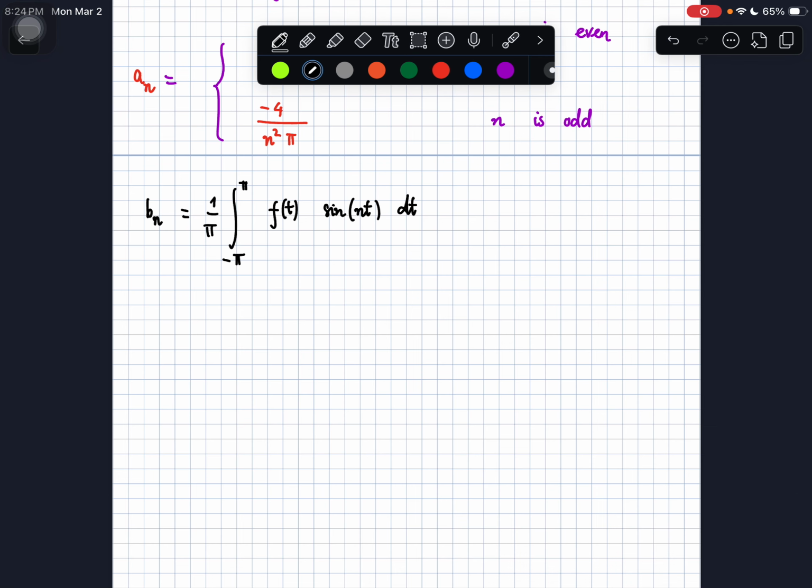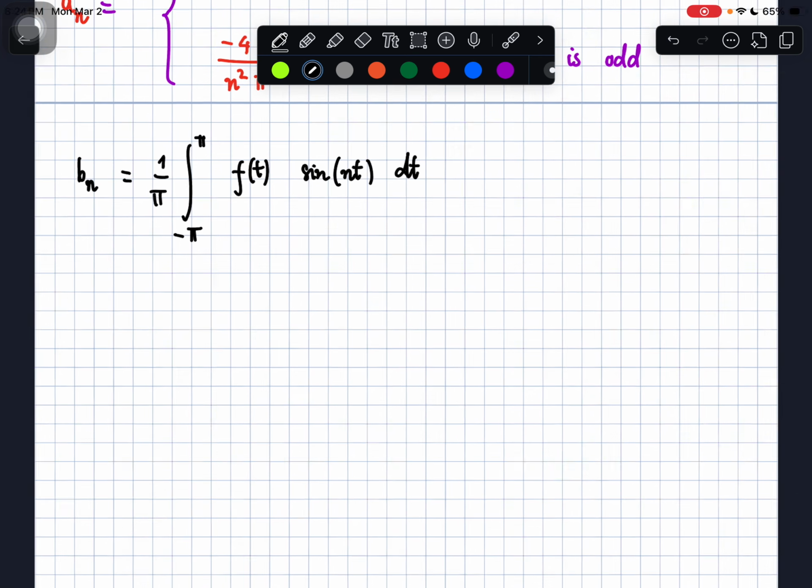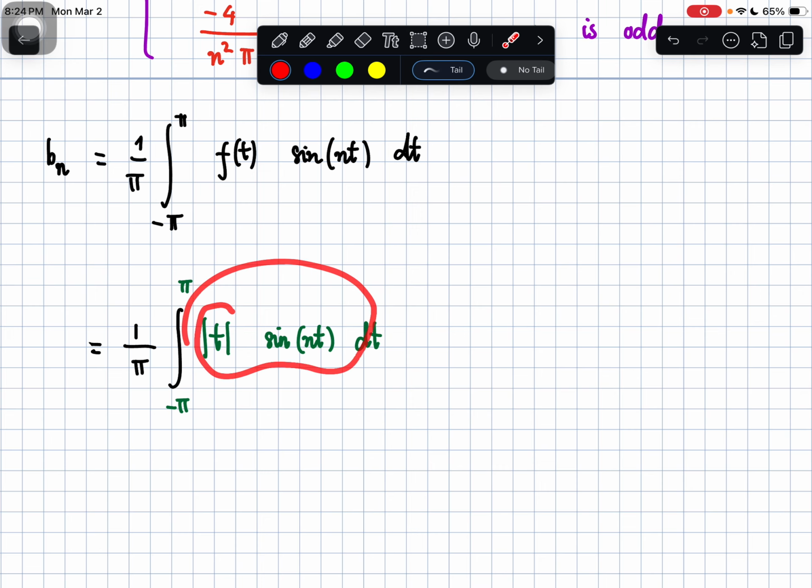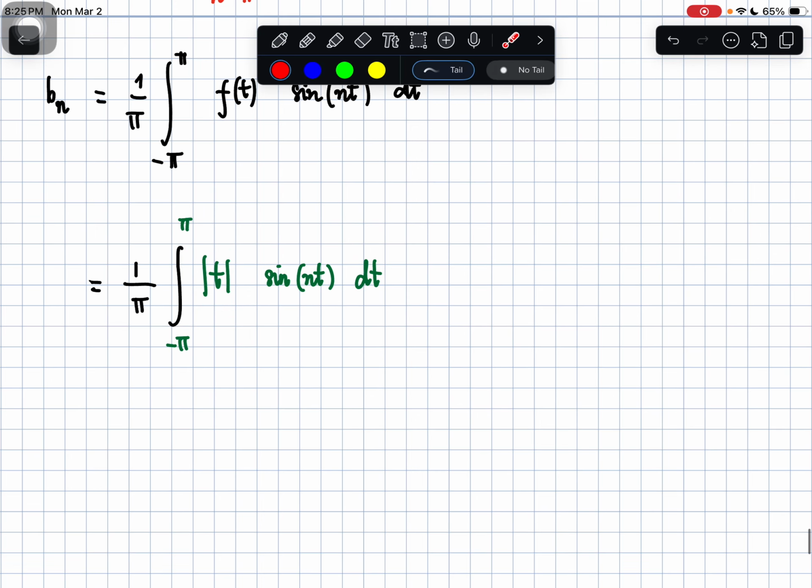Now we have 1 over pi, the integral of ft equal to absolute of t, times sine nt dt, from minus pi to pi. Here we have a remark. We say that this function is an odd function, and it is the integral of an odd function over a symmetric interval.